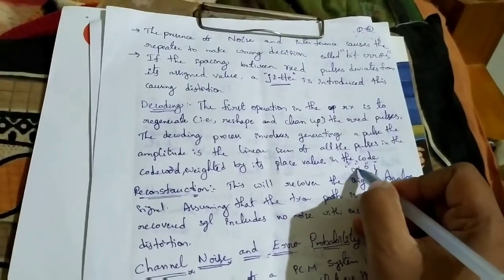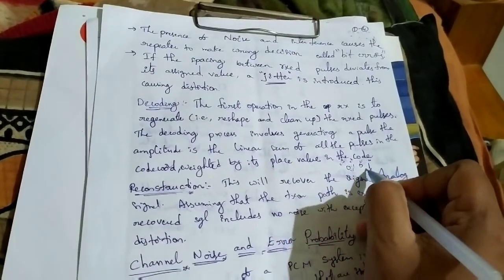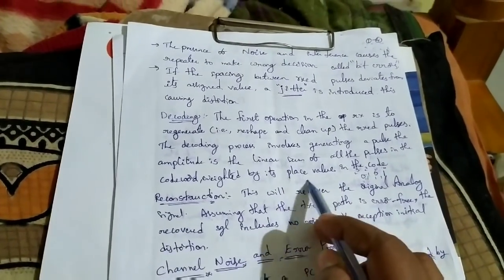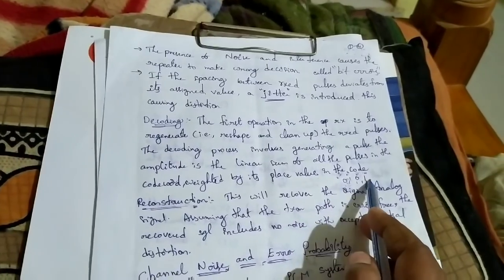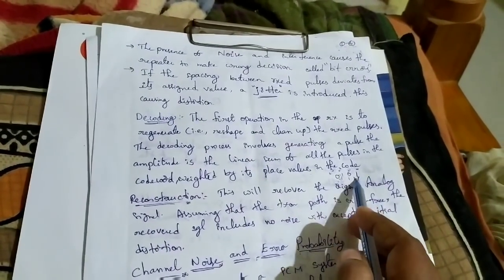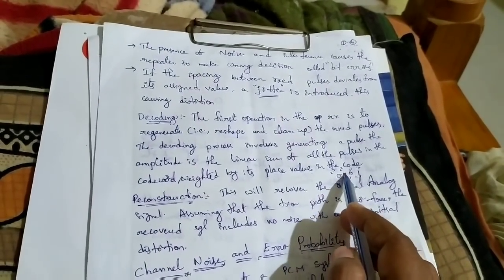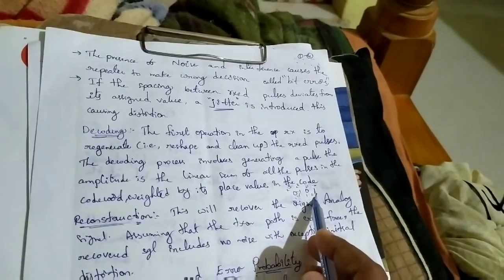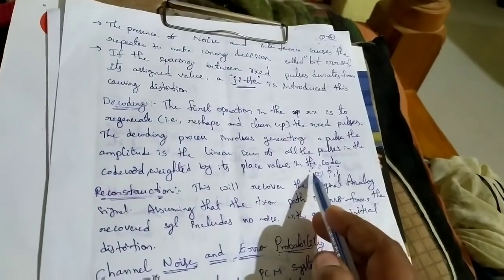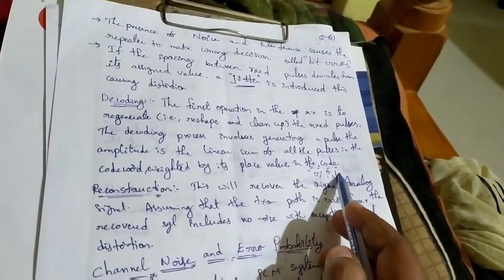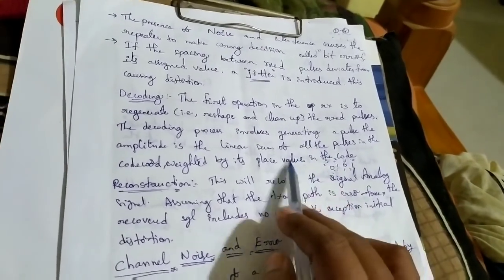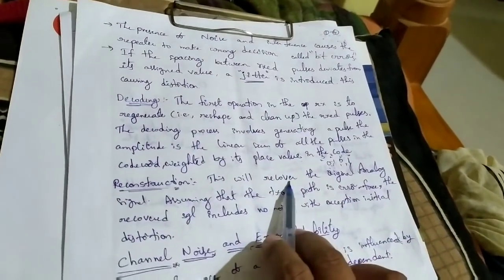The digit values are 1, 0, 1, 0 from the right. The place value of the first one is 2 power 0 into 1, which is 1. The place value of the other one is 2 square into 1, that is 4. So 4 plus 1 is equal to 5. So this code word is assigned a value of 5. That is done in the decoding process.